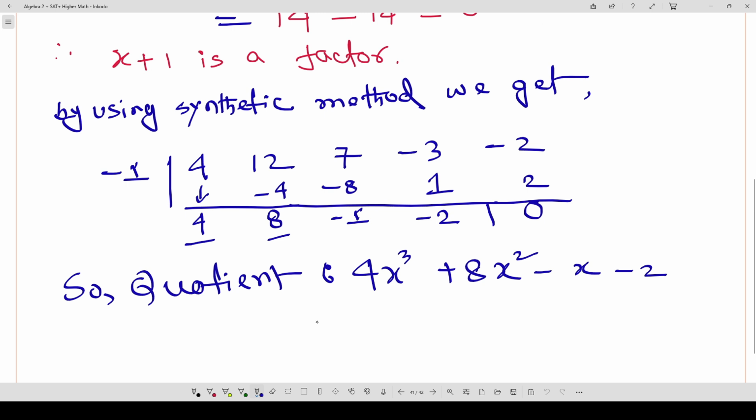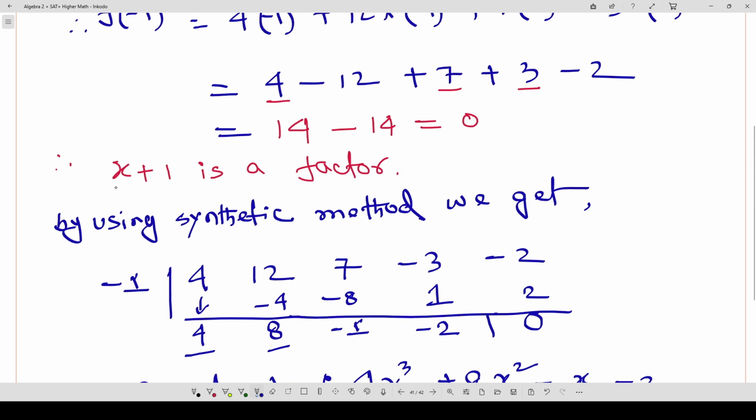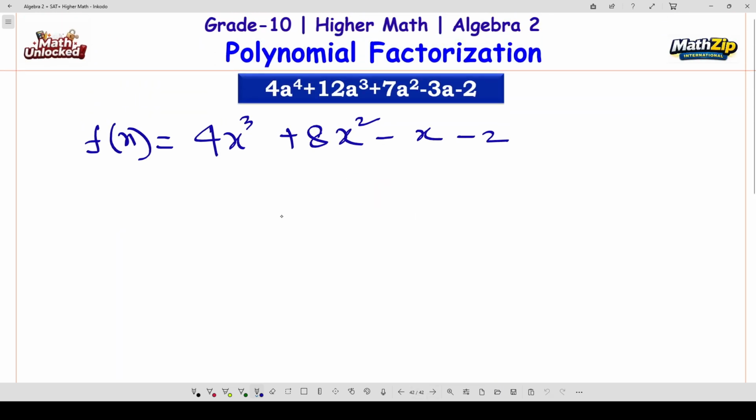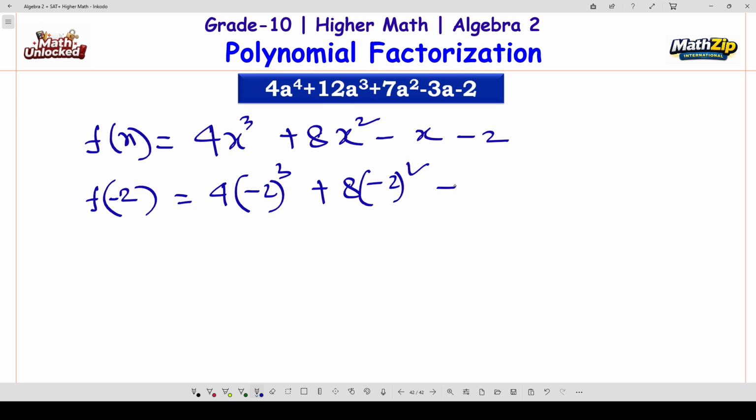In synthetic division method, we get the quotient is 4x cube plus 8x square minus x minus 2, and we already get a factor which one is x plus 1, so we just keep this one. And now again, let's say we can write minus 2. Minus 2, it will be better. 4 times minus 2 cube plus 8 times minus 2 square minus minus 2 and then minus 2.